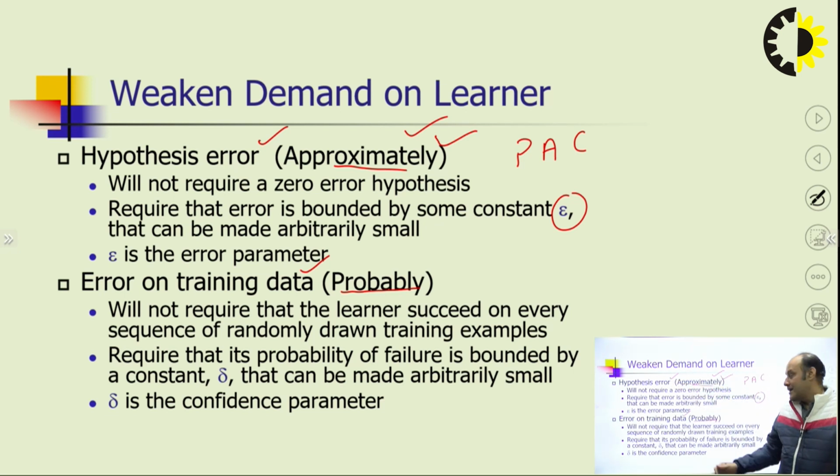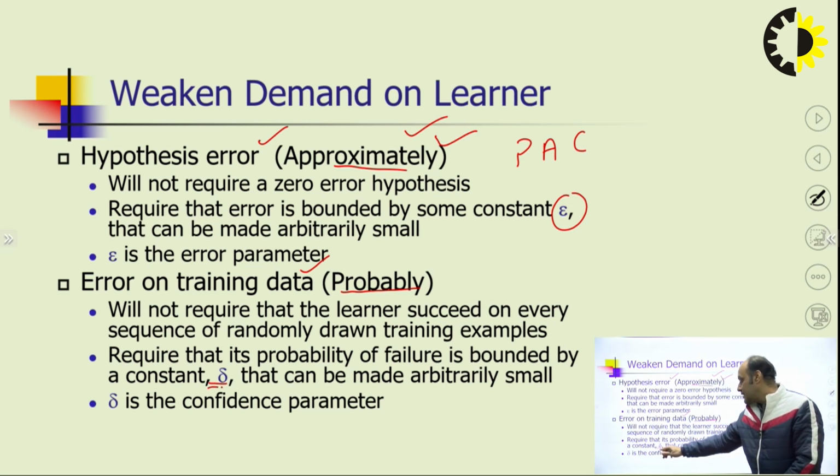Secondly, error on training data. We will not require the learner to succeed on every sequence of randomly drawn training examples. It is not possible that the learner will always be successful on every example. So we check how many times the learner succeeds. We require that its probability of failure is bounded by a constant delta.